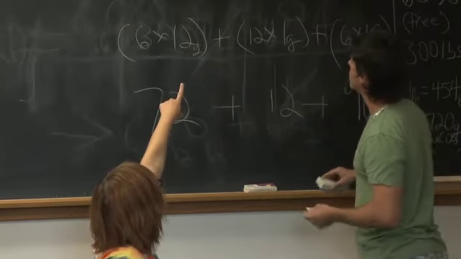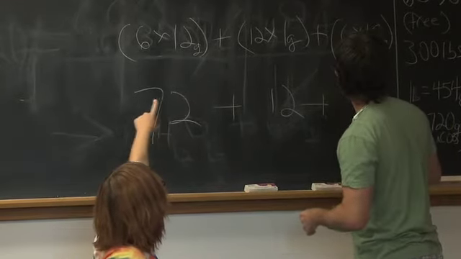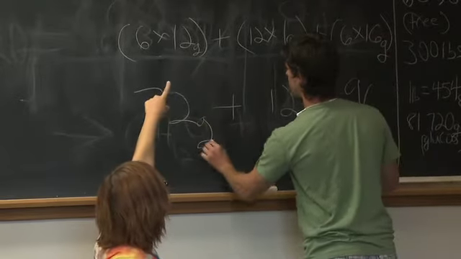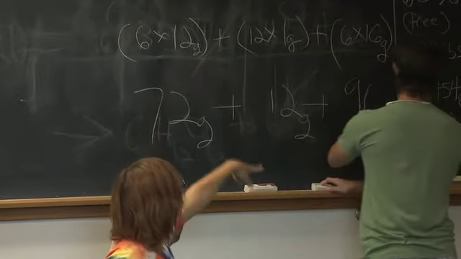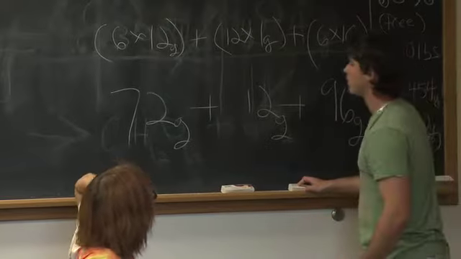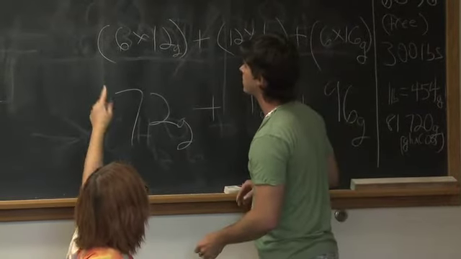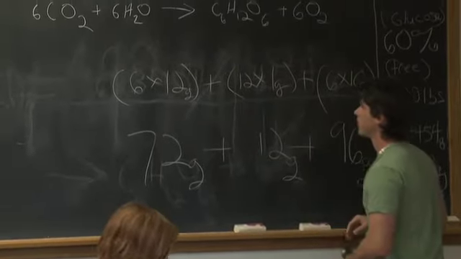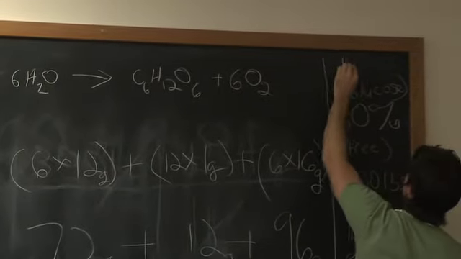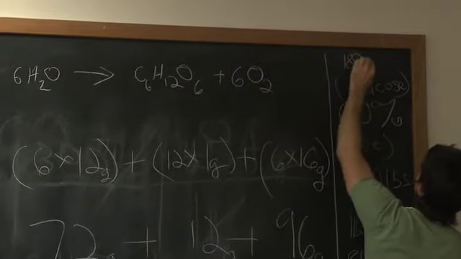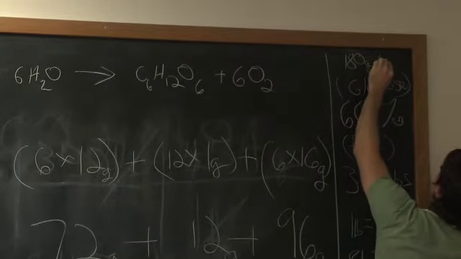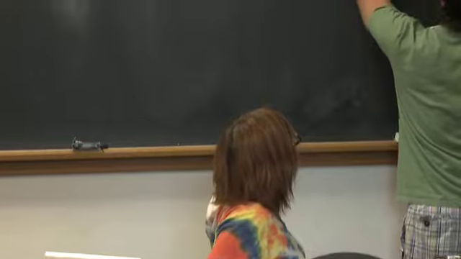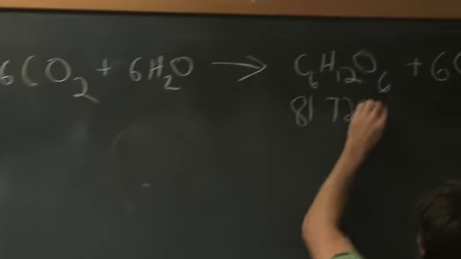So for 1 mole of C6H12O6, there's 72 grams of carbon, 12 grams of H, and 96 grams of oxygen, and you stick them all together, and that means 1 mole of that is 180 grams. Yes, 180 grams per mole.